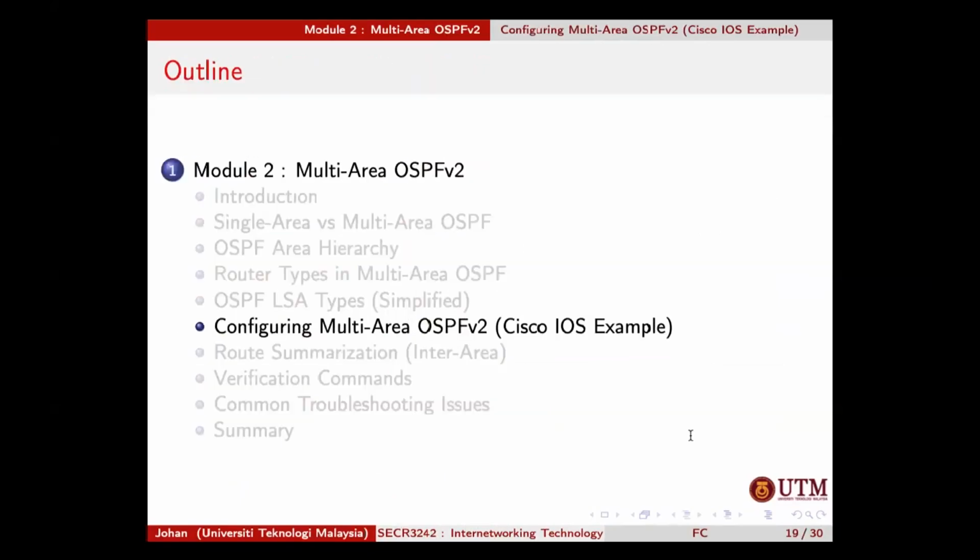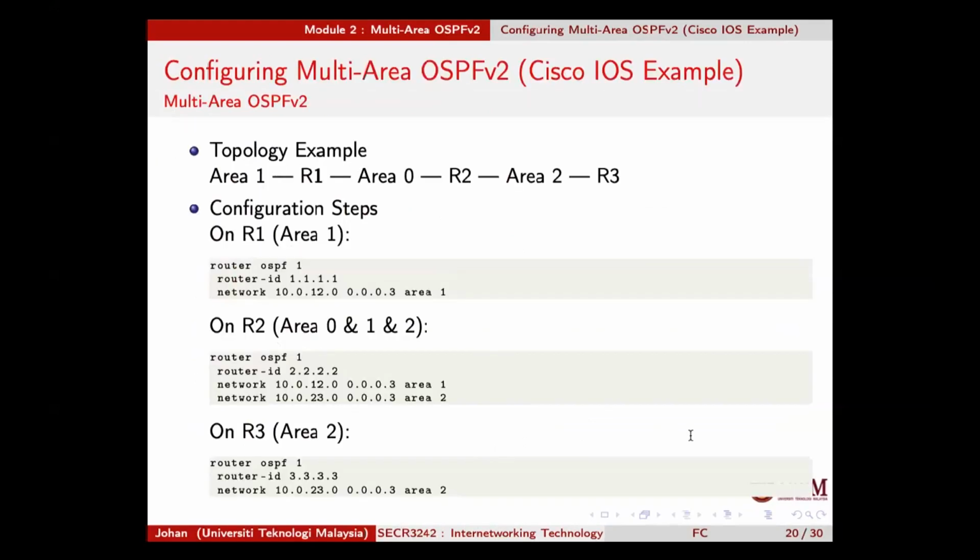Then for configuring multi-area OSPF, I just give what I call an example only. As I told you, the exact one you can find in the file folder, module 2B. That one is the correct one, reflecting the network. This is just an example of the topology and the configuration steps you need to configure if we have multiple areas.